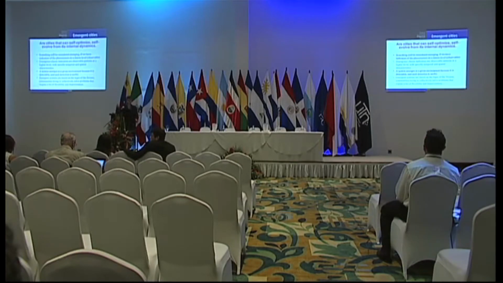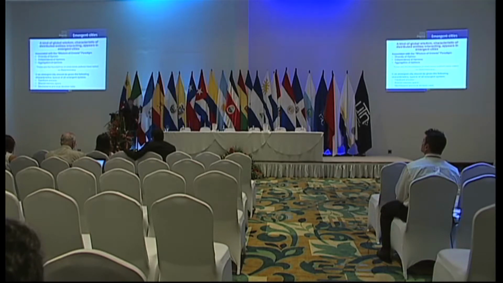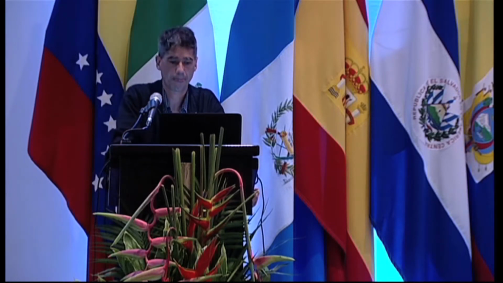A smart city can create indicators about this specific characteristic of the different places in the city, and according to this characteristic, try to improve the service around this specific aspect that describes each zone of the city. And when we study this type of system, the emergent system, there are different aspects that we need to consider.